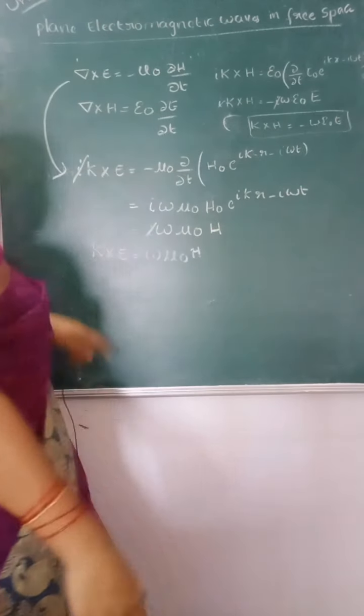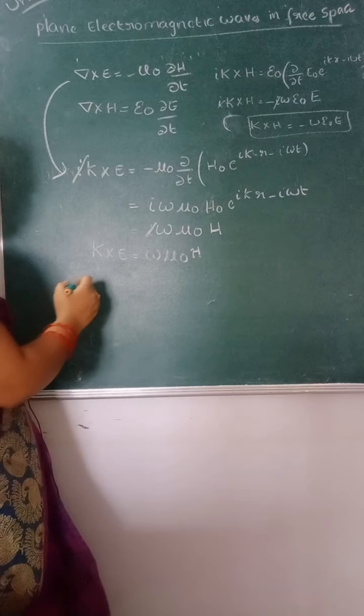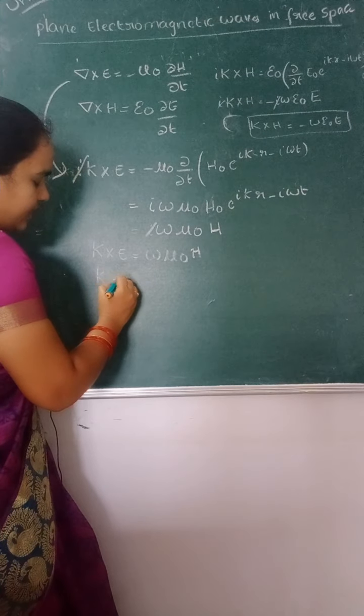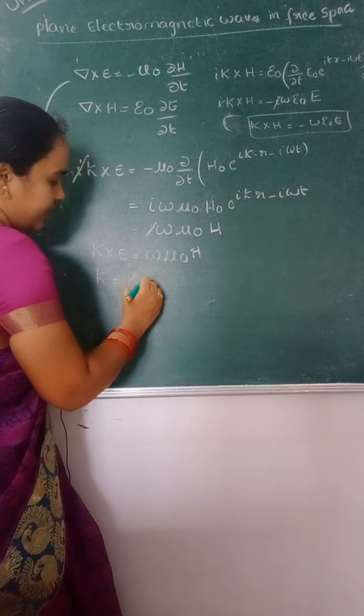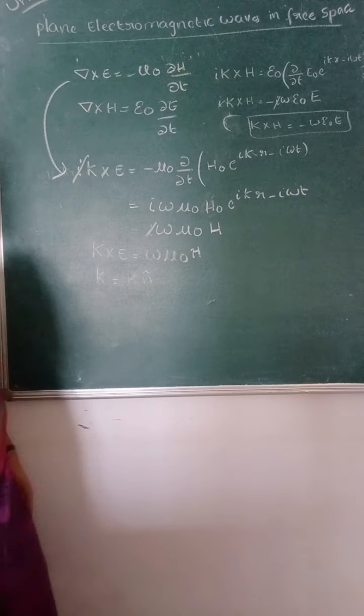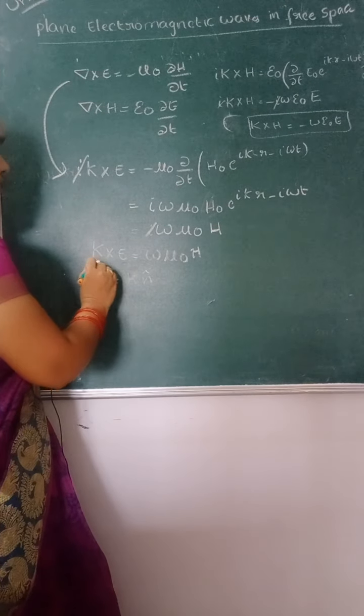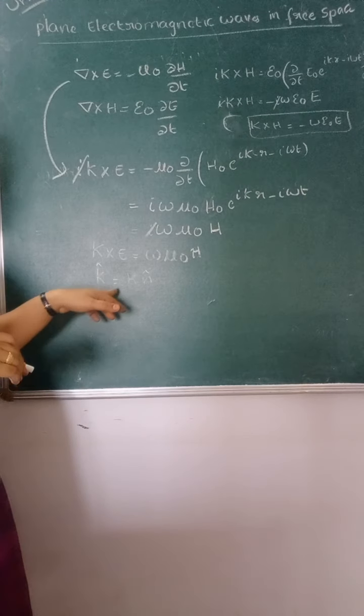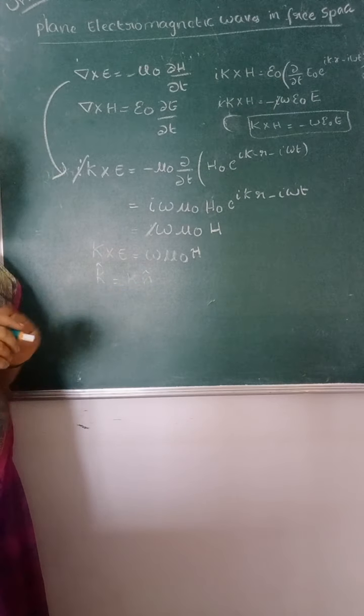This is another equation. From this equation, we know that K is equal to k into n cap, the magnitude of the propagation vector along the unit vector.